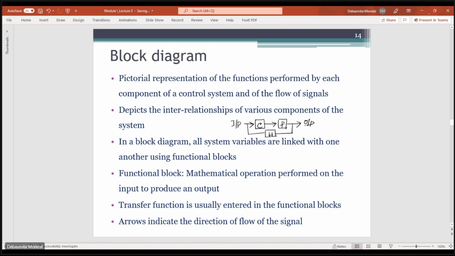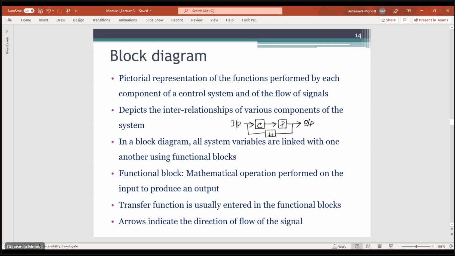In general, when we draw a block diagram, the transfer function is entered in the functional blocks, and the direction of the flow of the signal is given by the arrows. In a block, the flow of the signal is unidirectional. The input signal flow will be unidirectional, and similarly the output signal flow will also be unidirectional.